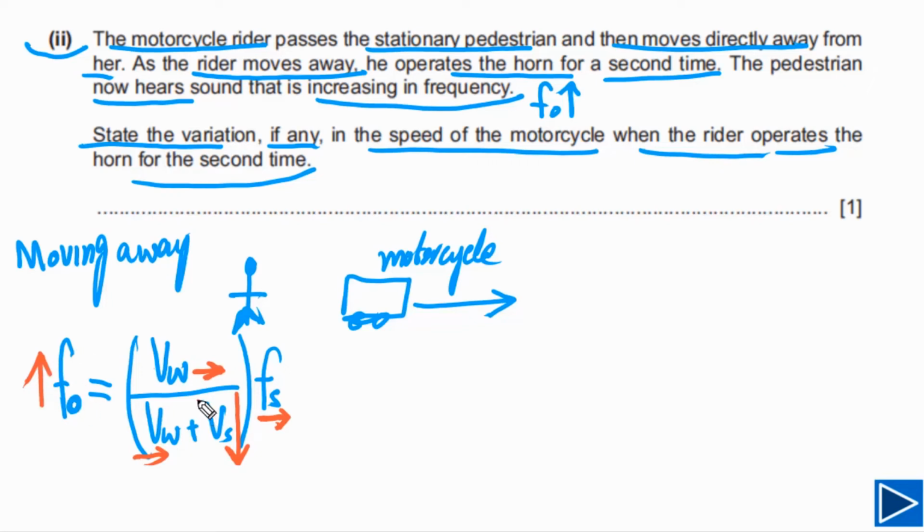So simply for this question we need to understand the speed of the source is decreasing. This question has only 1 mark, so simply you need to write down speed is decreasing and you will get 1 mark. And this is B mark.